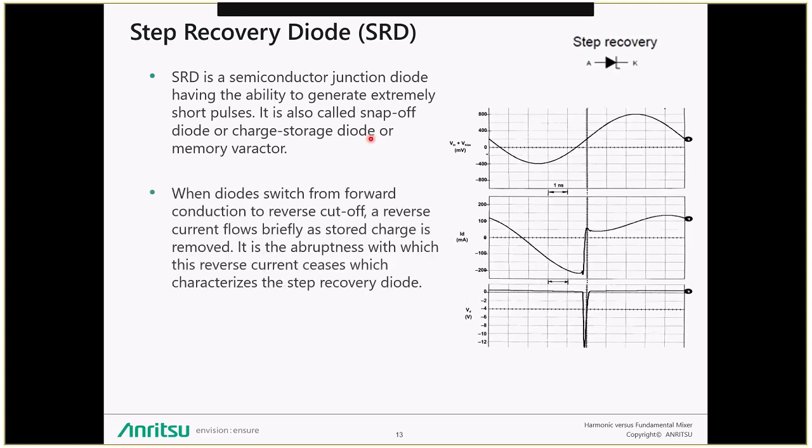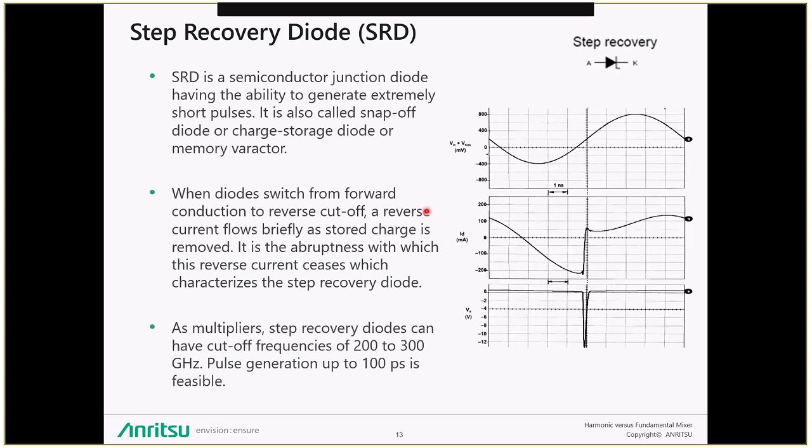When the diode is in forward conduction, it starts storing charge, and once it goes to reverse conduction, it starts throwing out all this charge that has already been stored, presenting a very low impedance. But after all this charge has been thrown out, suddenly this impedance turns into a very high impedance. This abruptness characterizes the step recovery diode by giving us these very short pulses.